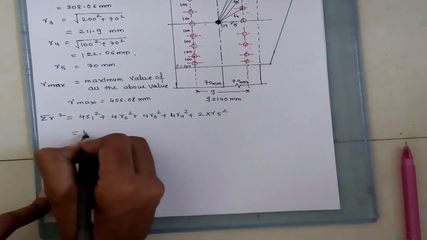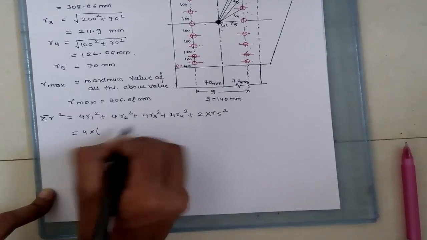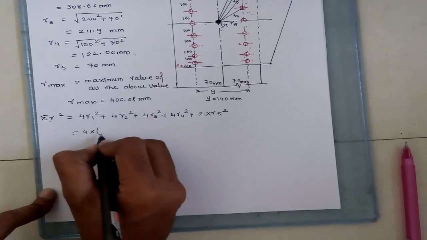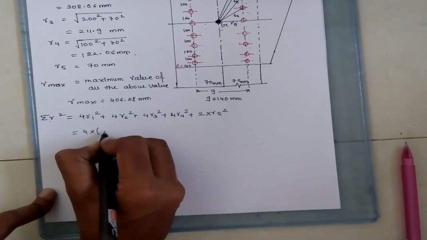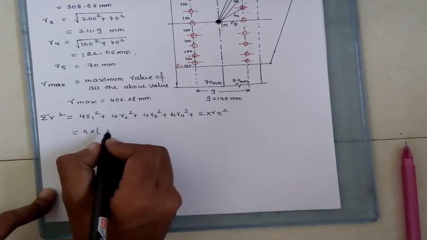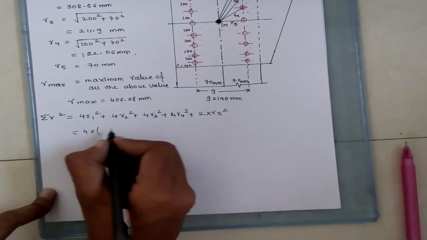Okay, after putting the value of R1, R2, R3, R4, R5, we get the summation of R square, and this is required for the F2, that is the force in bolt due to twisting moment.